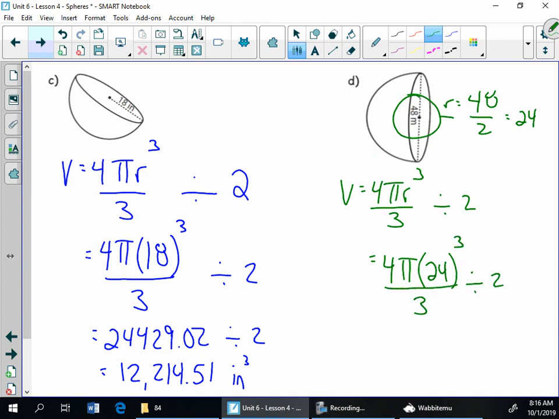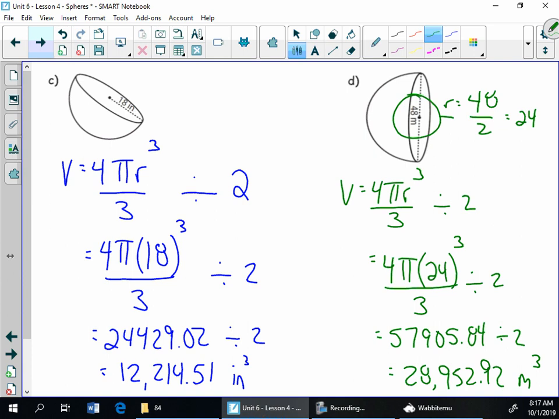That's going to be a giant number. I've got to divide by 2 at the end. 57,905.84. But divide by 2 at the end. So we end up with 28,952.92 meters cubed. Okay, there we go.